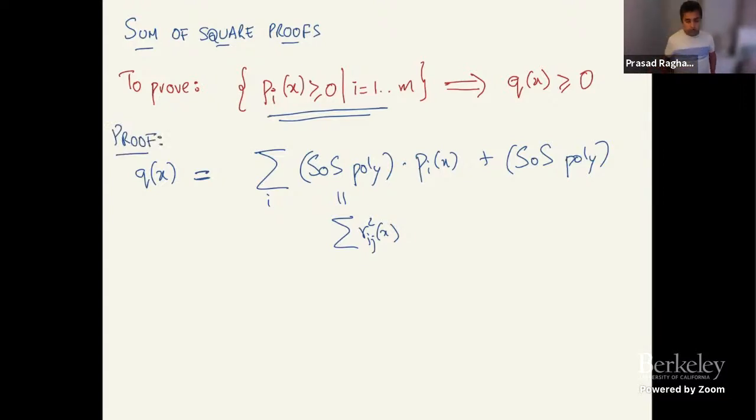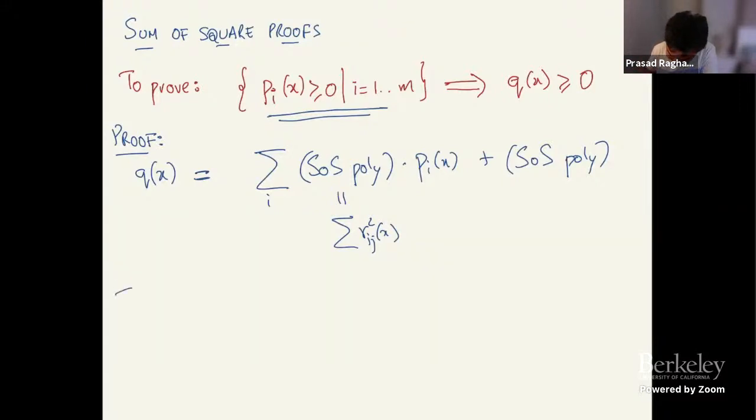So the dual of the sum of squares semi-definite program is really looking for sum of squares proofs of polynomial inequalities this way. In particular, to prove facts about the pseudo expectation operator, all you need to do is find sum of squares proofs.